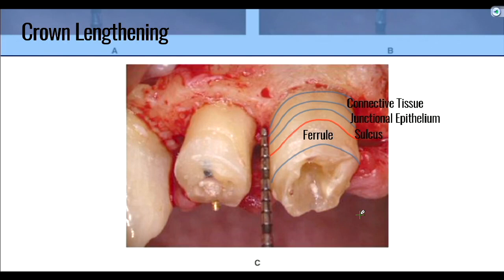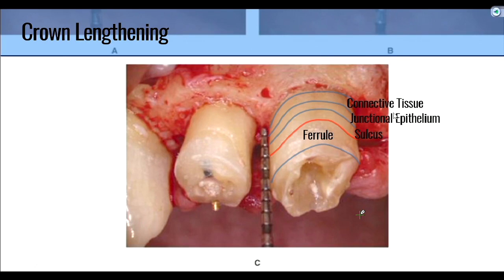So there's 2 reasons for that. One is you want to remove all the decay because it helps you determine the restorability of the tooth as well, okay? So an important concept to remember is establish your definitive crown margin to determine restorability, and it serves as a communication tool to your specialist, or if you do it yourself, as a guide for how much you need to crown lengthen.